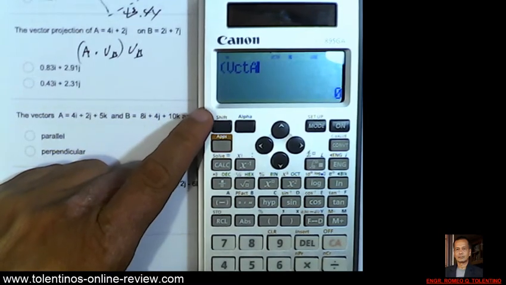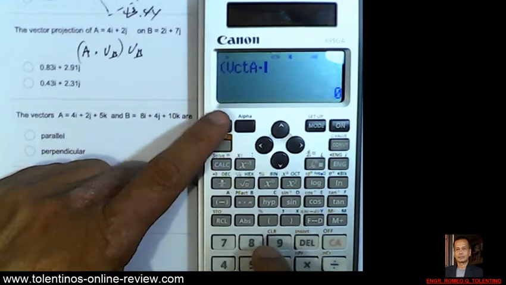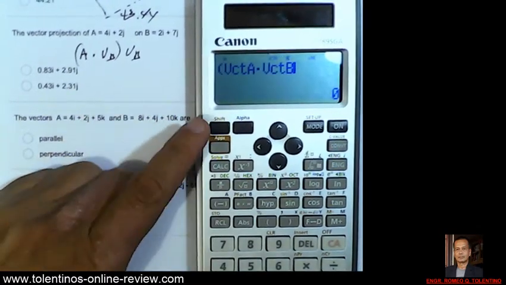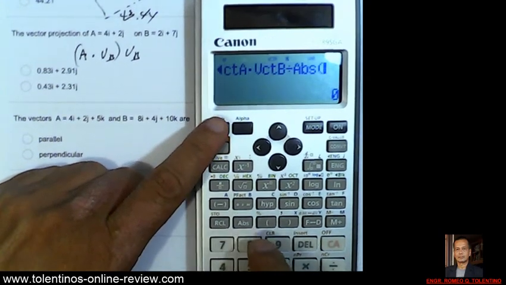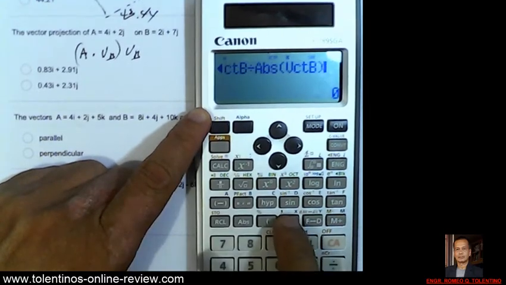Okay, then dot unit vector, shift apps 8, shift apps 4. Since unit vector yan, you have to divide it by the absolute value of shift apps 4.